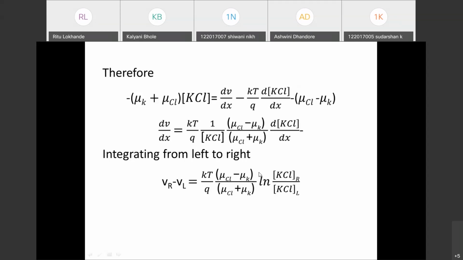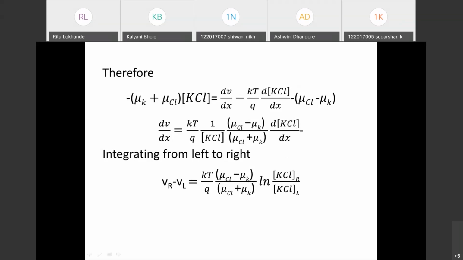Integrate it from left to right, and we get this equation. It gives you the voltage or potential difference for the case where the membrane is permeable to all ions. In this case, we have considered that mu K is greater than mu Cl, or the permeability of K plus is greater than the permeability of Cl minus.